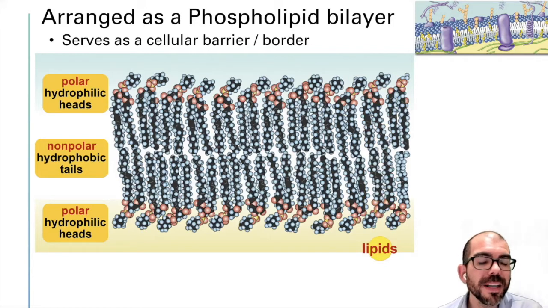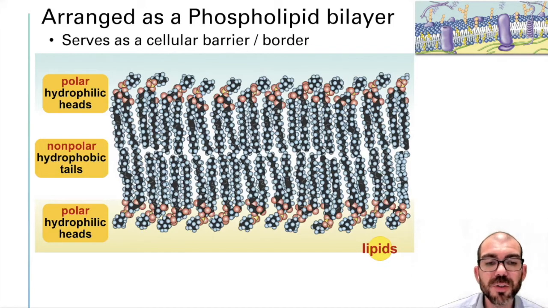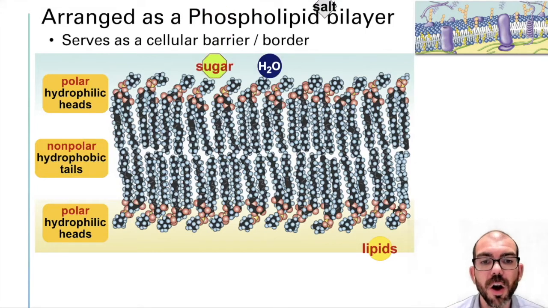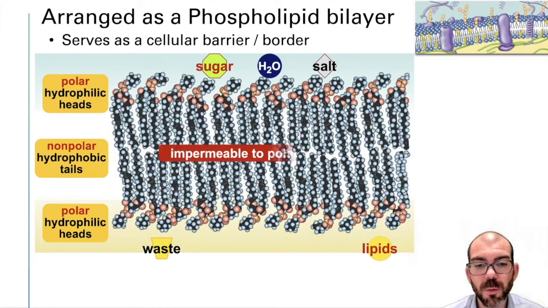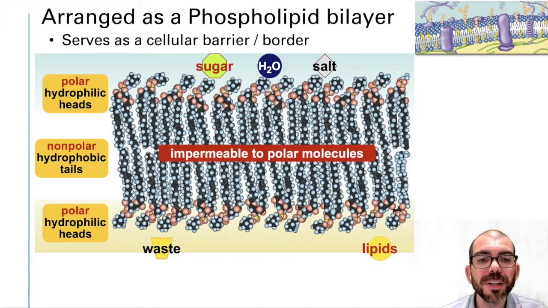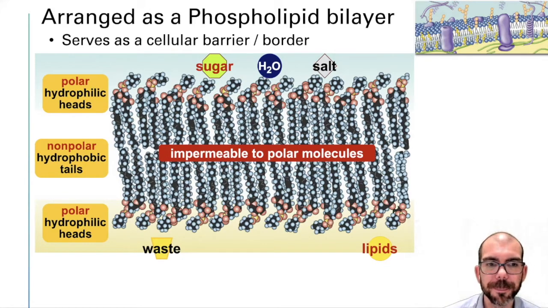But since the membrane is built of fats, just like you saw, lipids can freely flow through that membrane. Other objects, though, like sugar, water, salt, and waste, are not going to be able to easily, if at all, cross that impermeable nonpolar barrier. Polar things cannot mix with nonpolar.